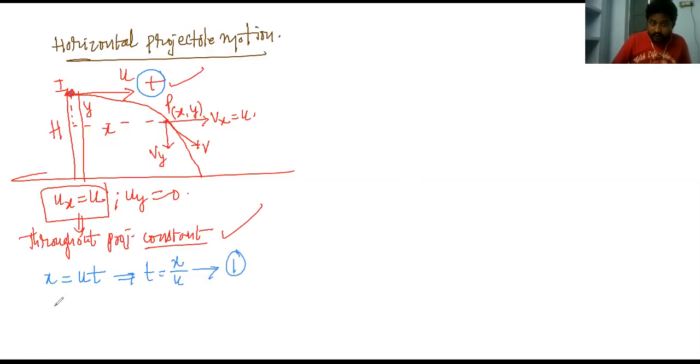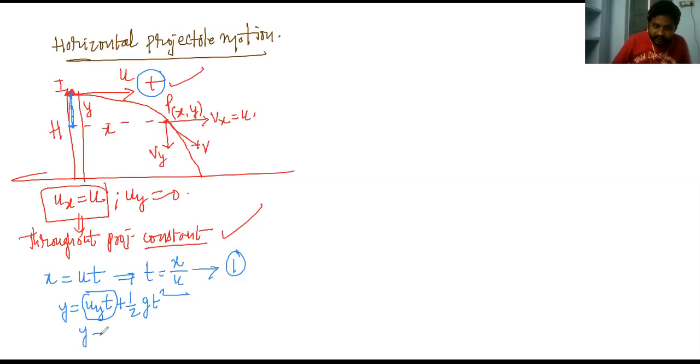Now, we can say y is equal to uy into t plus half g t square. This is the vertical distance traveled by the body from here to here, the vertical displacement. So here uy is 0, 0 into t is 0.